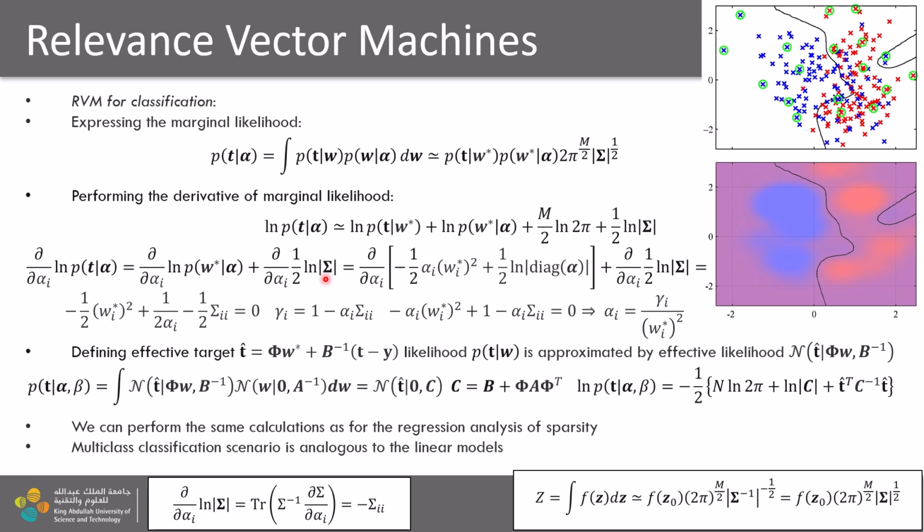After we perform the derivative of these terms, we also have the derivative of the covariance matrix with respect to alpha I, which is coming not from the prior, but from the term of the approximation, this scaling factor here.